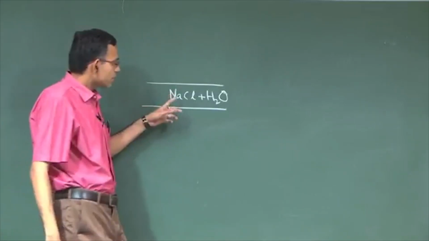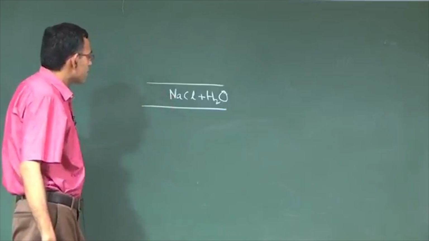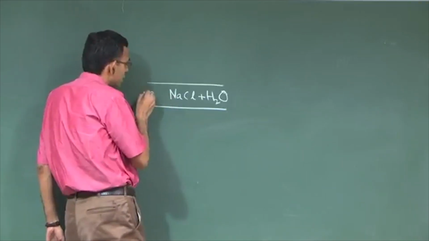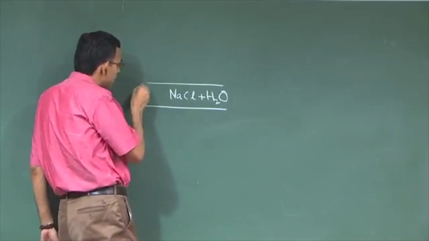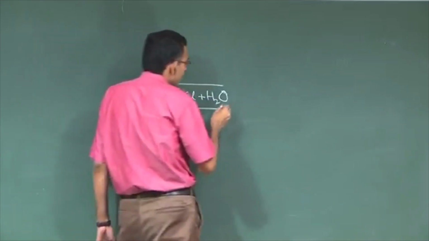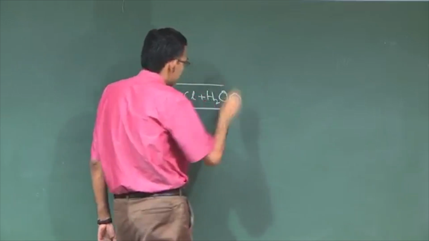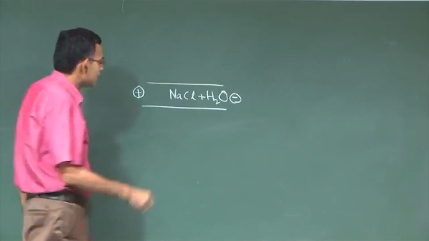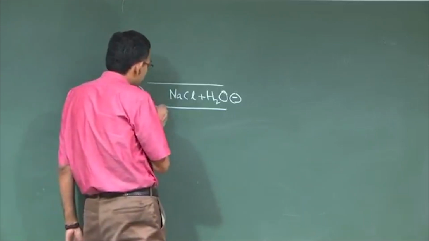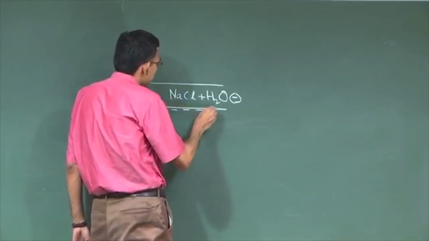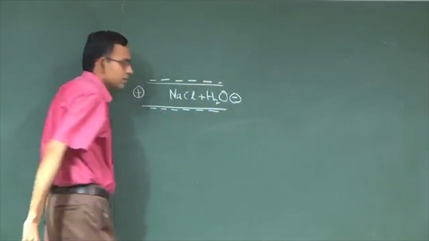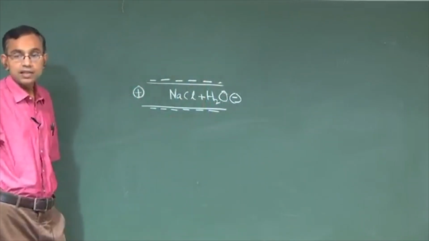Now, let us say that we apply a field, for example a positive bias here and a negative bias here, and let us say that the surface of this channel has negative charge.